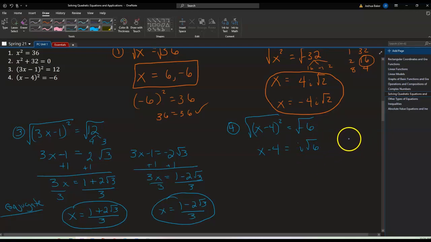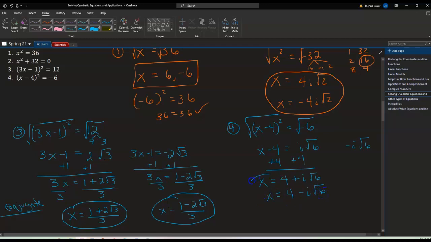Keep in the back of your mind that it's also negative i rad 6, because I'm going to show you something to remember, not a shortcut exactly. If I add the 4 across, it's going to be 4 plus i rad 6. Now remember, if the other answer was negative i rad 6, then when I add the 4 over, it'll be 4 minus i rad 6.